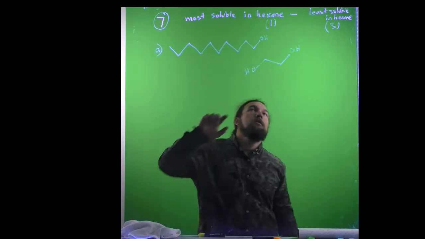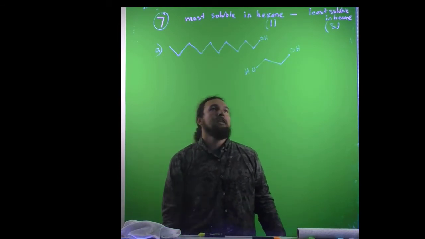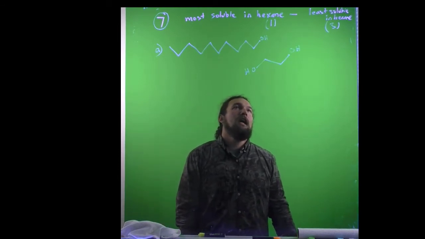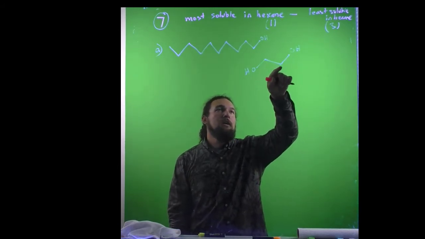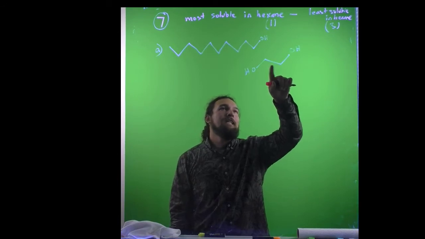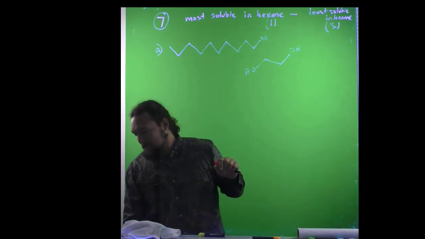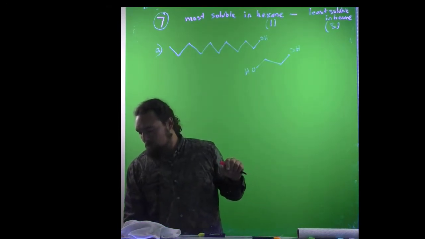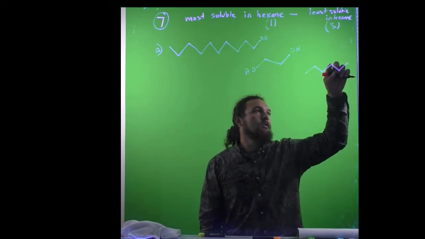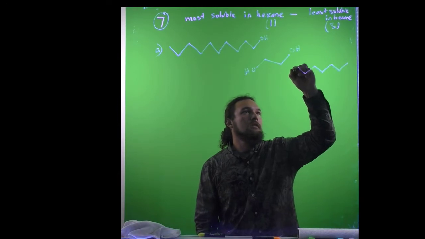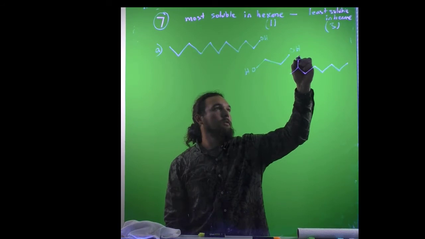This molecule would be called 1,2-ethanediol. 1,2 because there are 2 carbons, and off positions 1 and 2 are the alcohols. It's 1,2-ethanediol. It's kind of a weird name. I wouldn't really expect you guys to know how to name that. And then the last one would be 2, 4, 6, 8. We have 2-octanol. 2, 4, 6, okay, and we have an alcohol coming off at position number 2.